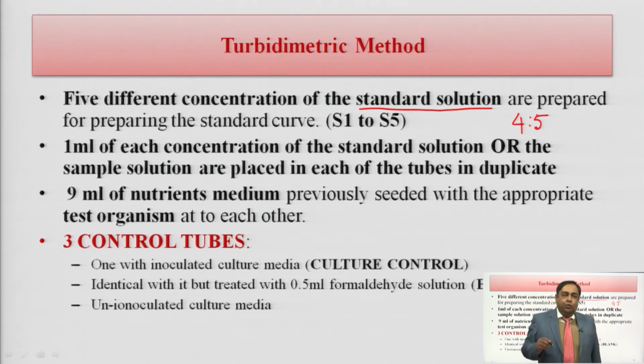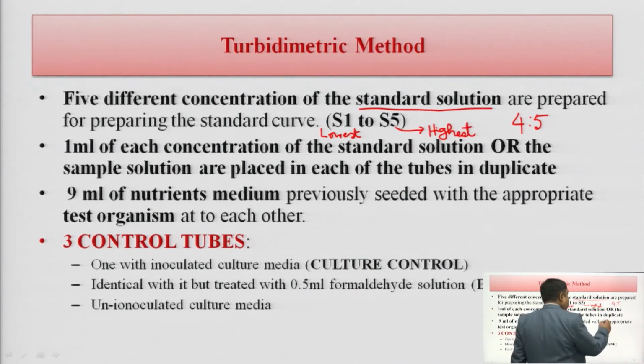That is, we have to prepare 5 different concentrations of the standard in the dilution factor of 4:5, and in this, S1 is the lowest concentration and S5 is the highest concentration for the standard solutions.